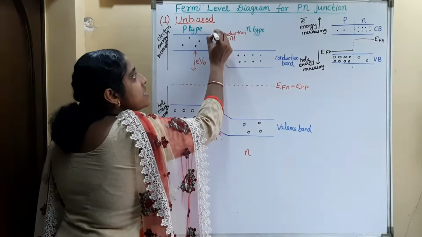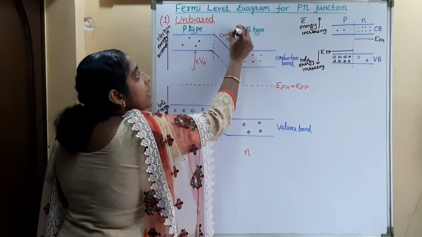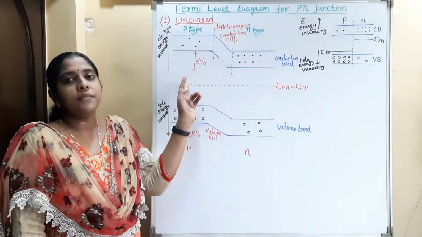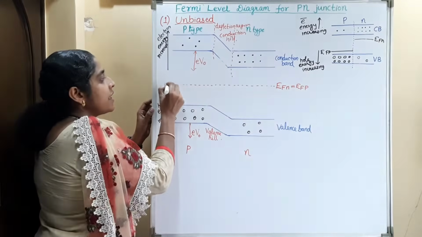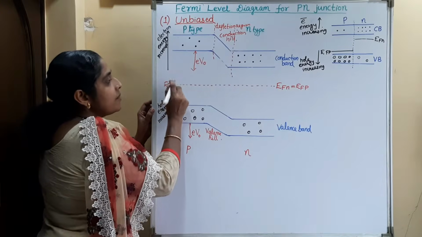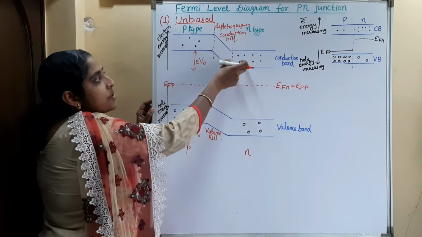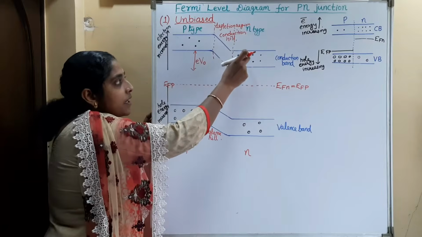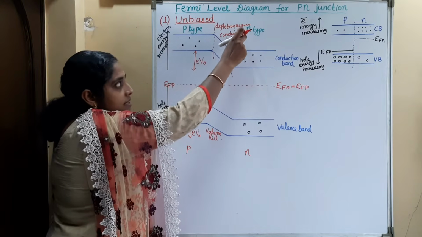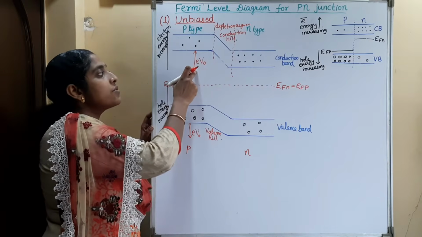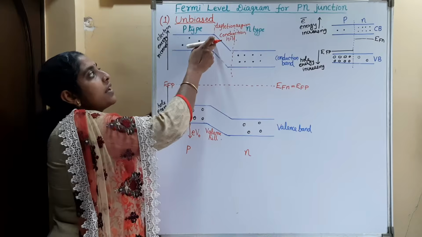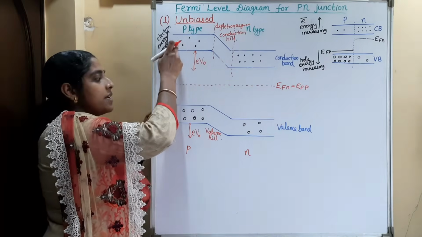So this region corresponds to the depletion region in PN junction diode. When the Fermi level in P region and N region come to the same level, the diffusion of the charge carriers across the junction stops. But if the electron in the conduction band in N side gets an energy equal to or greater than EV0, it can climb this conduction hill and move to the P region.